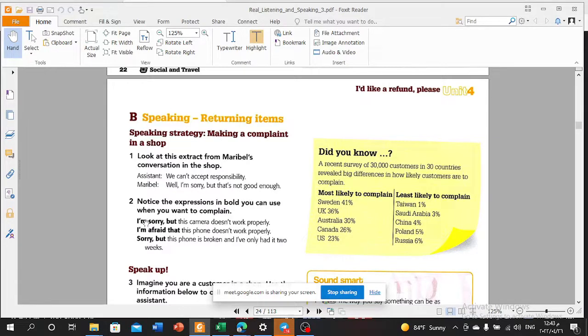So you can start your sentence by saying I'm sorry but, I'm afraid that, sorry but, etc. And not only are these expressions at the beginning of the sentence important, you have to make a suitable sentence following these expressions.